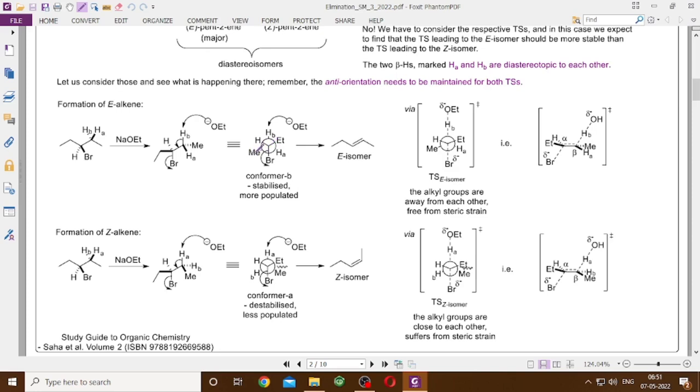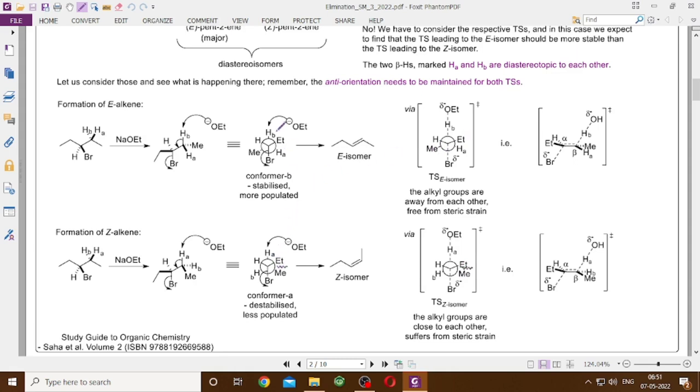Therefore, they are becoming flat, and these two groups will end up on different sides of the double bond. But for this other conformation to react, these two alkyl groups will end up on the same side of the double bond. So they are getting squeezed against each other, and therefore in the transition state they have steric hindrance operating between them, whereas this transition state is free.